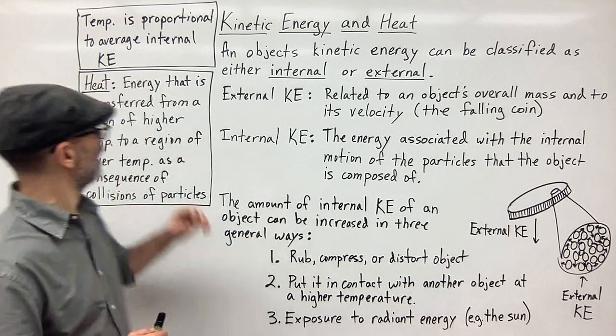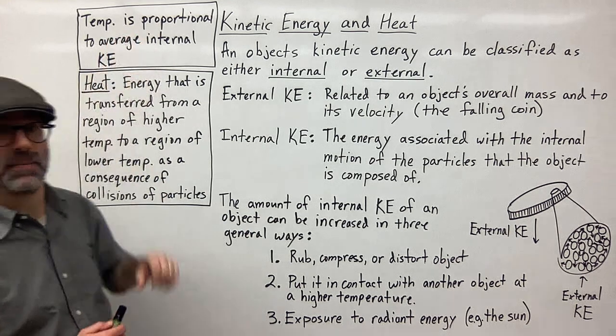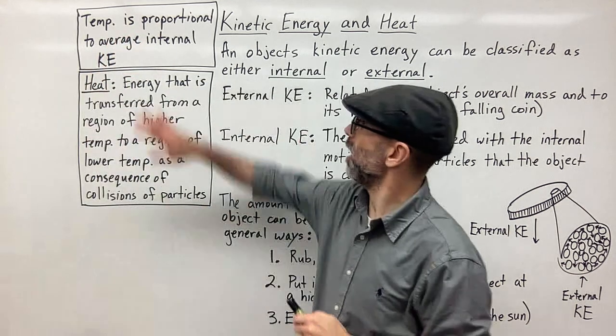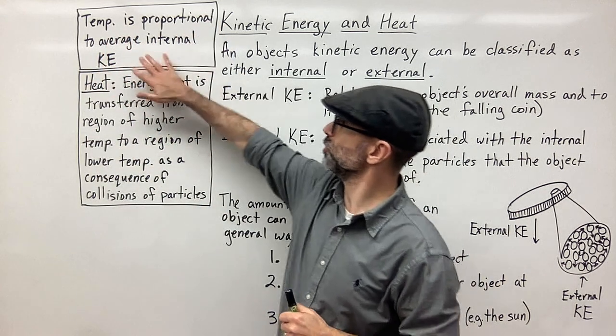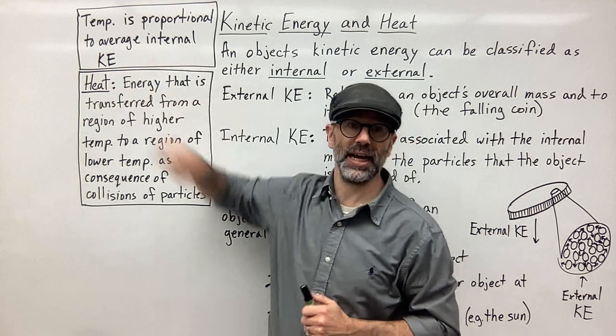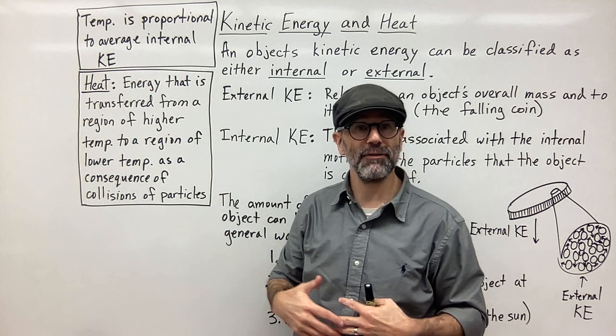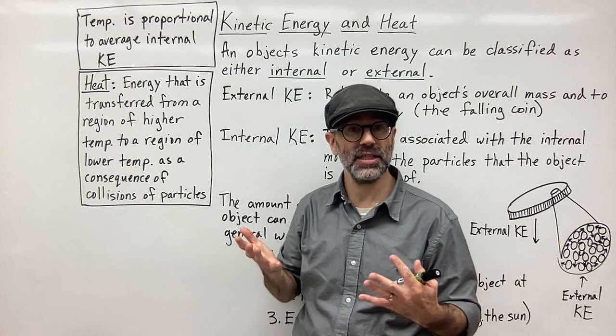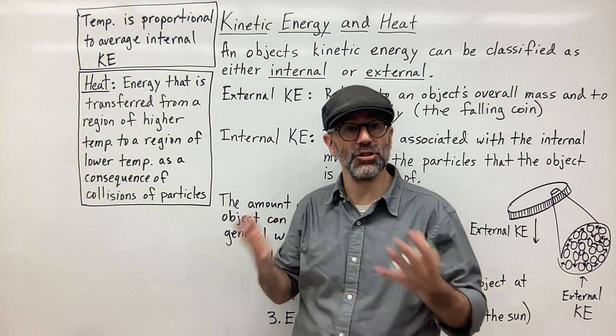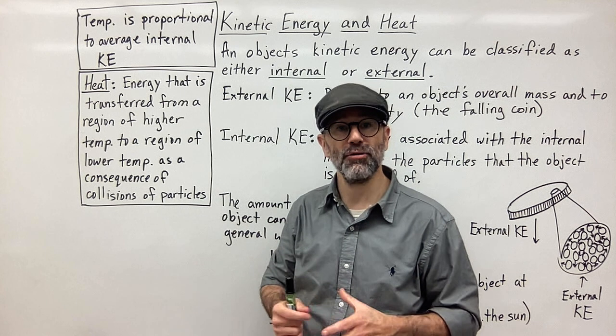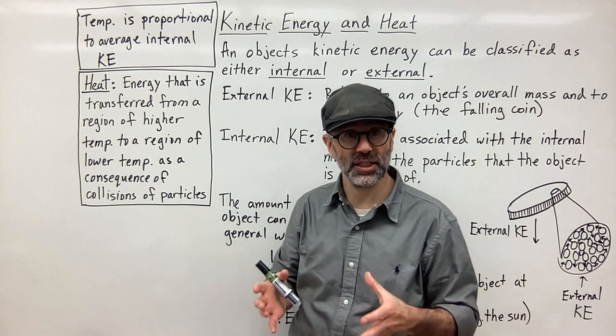That's written up here. The temperature of an object is proportional to the average internal kinetic energy. So if the temperature of the object increases, then the average internal kinetic energy of the object increases as well.